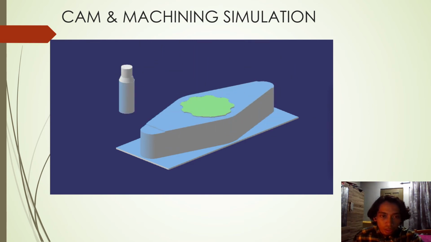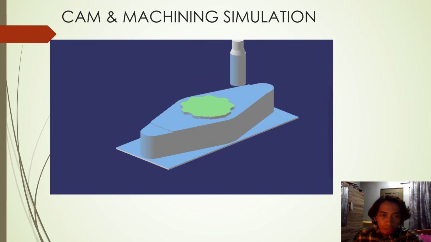Okay, this process also uses profile contouring to cut the base part on top, and it goes for the roughing process on the gear section as well.